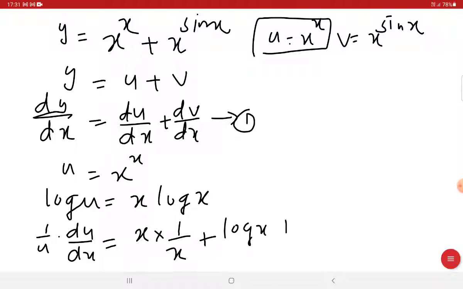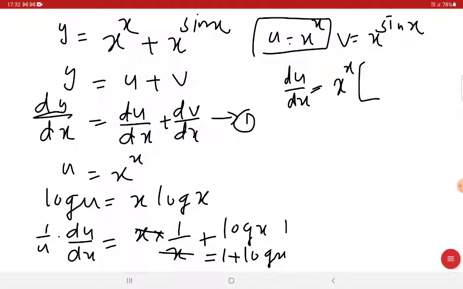Now we can cancel x, then it becomes 1 plus log x. So du by dx is equal to u into 1 plus log x, that becomes x raised to x into 1 plus log x.